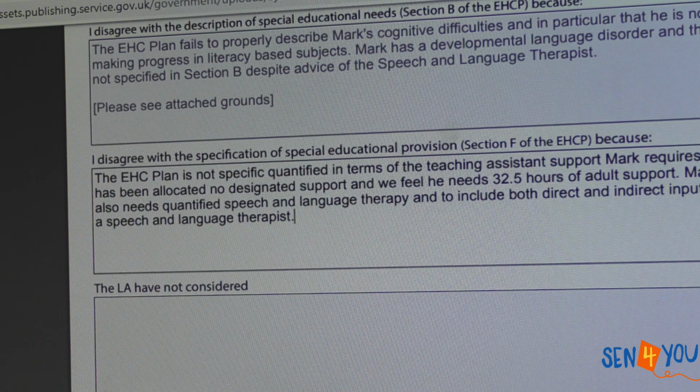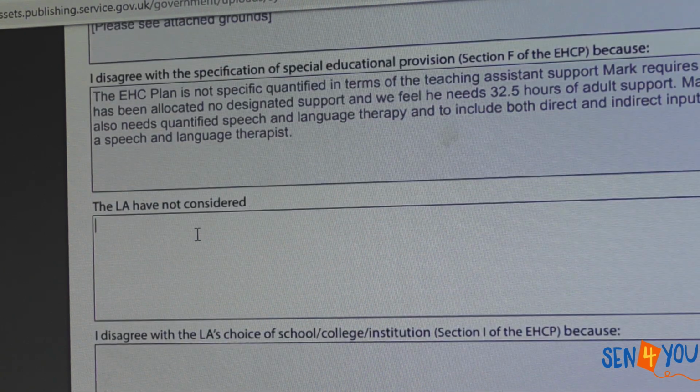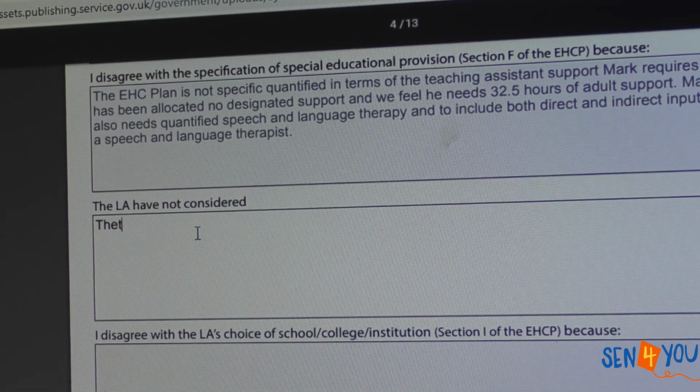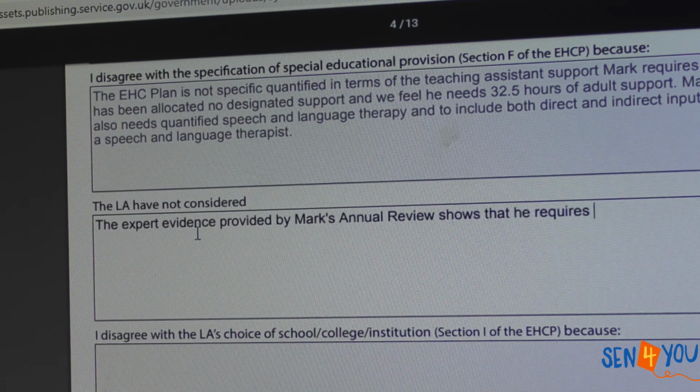Now, one of the things that I would say at this point is, this is where you need to then think about the evidence that you've got, because you can then say to the tribunal, here, in the box that follows, the expert evidence provided by Mark's annual review, because that's how this appeal arises, it's following the annual review, shows that he requires full-time support, 32.5 hours, and a quantified package of SALT.